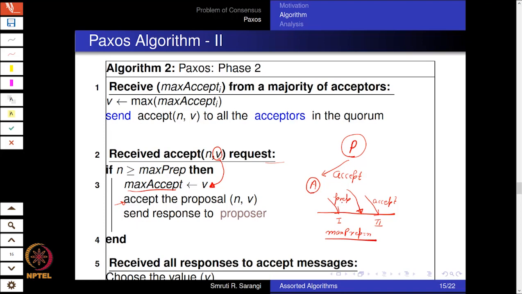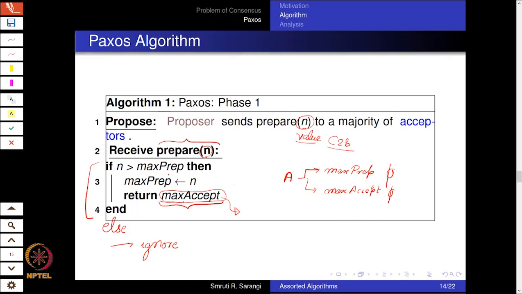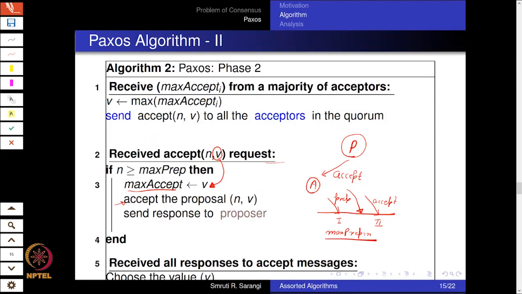Because if a higher numbered proposal comes in the middle, it will set max prep equal to n, where n is the number of that higher numbered proposal, and thus in phase 2 the current proposal will fail. If it doesn't fail, it essentially means that during this time period no other proposal with a higher number has come, and this is a very crucial and important insight which we will be using in the proofs.